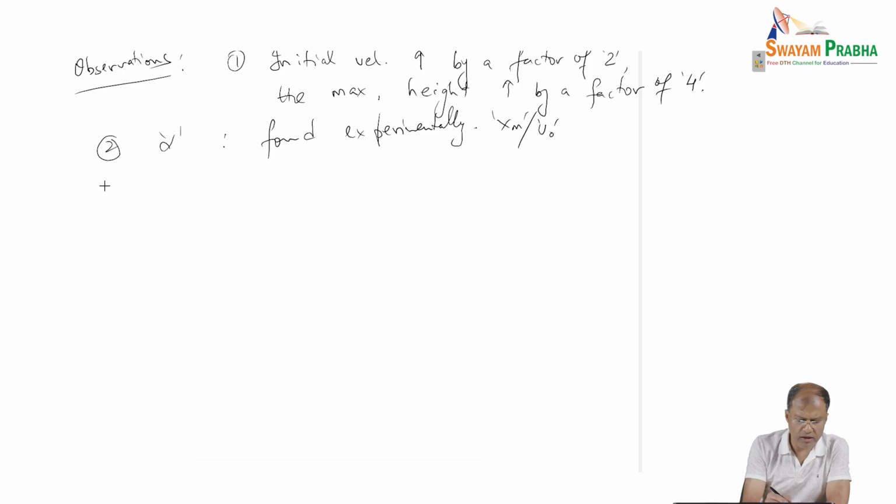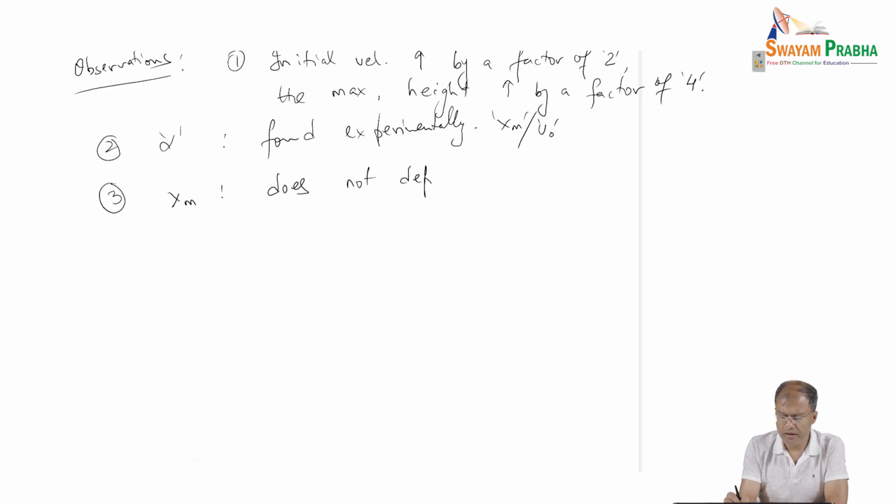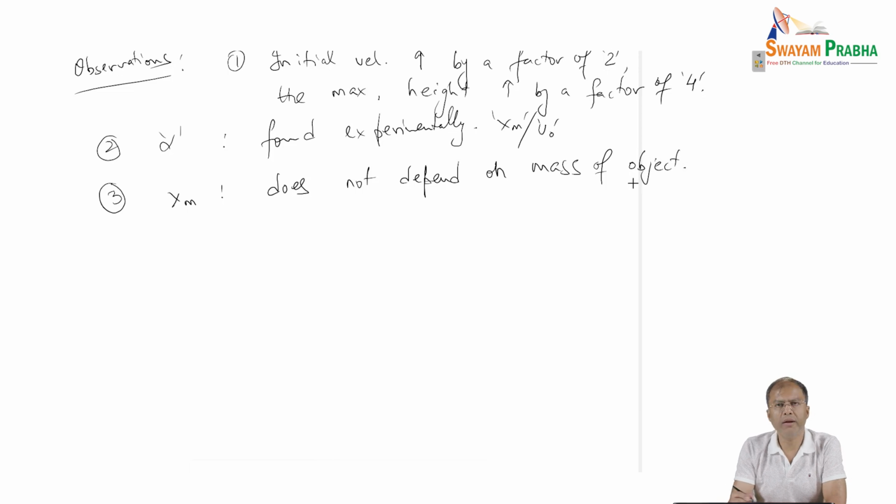And then the third observation, which is surprising, is that the xm does not depend on the mass of the object, right? So there is no m dependence.